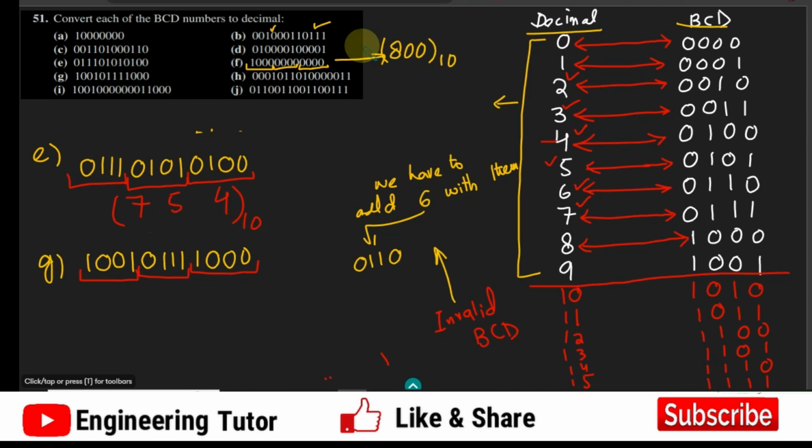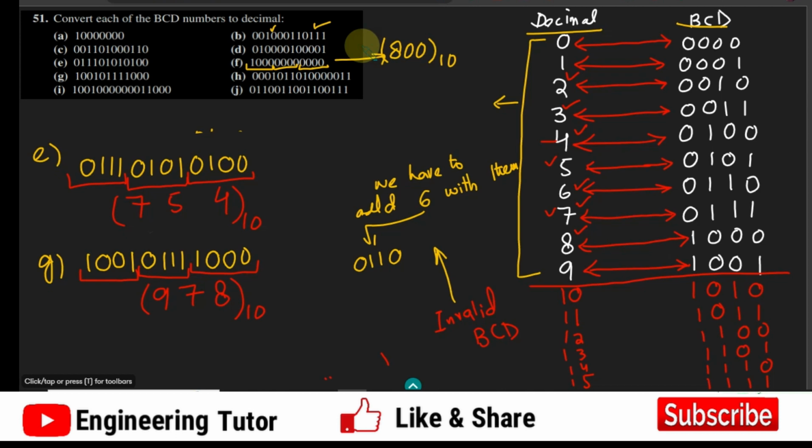So 1000 is 8. 0111 is 7. And 1001 is 9. So this is equal to 978, and this is in decimal. So all the numbers here are again valid BCD numbers.